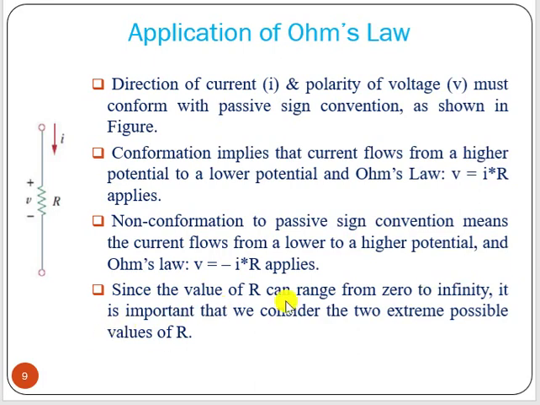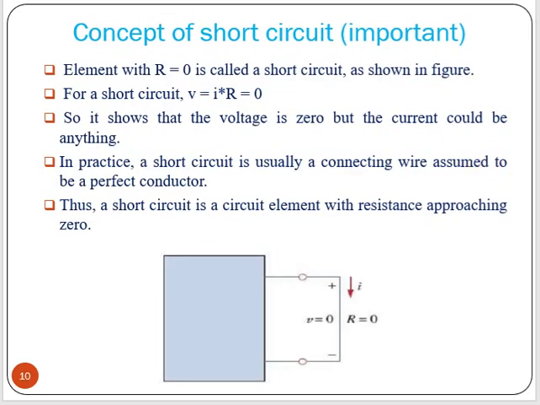Okay. Now, since the value of R can be any value from 0 to infinity, it is important that we consider the two extreme possible values of R. Here comes the concept of short circuit, which is a very important concept, and another is the concept of open circuit. Short circuit means what?